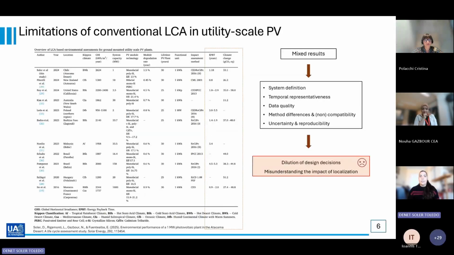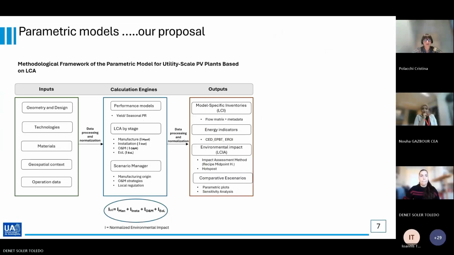So in order to face that, we have proposed a parametric model. And the idea of this model is that it considers a lot of characteristics of the plants. I'm talking about the geometry and the designs, the kind of technologies.